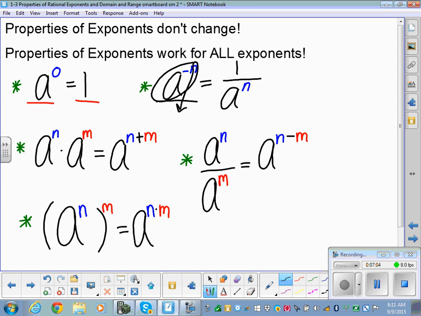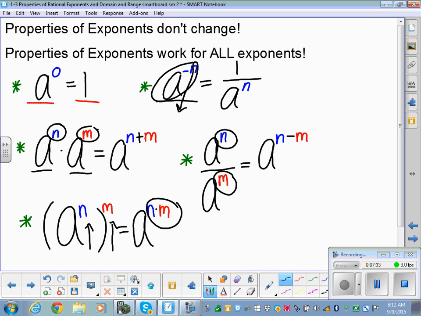We've also learned that any base multiplied by the same base, you can combine them by adding the exponents, n plus n. And if you have the same base and you're dividing them, then you subtract the exponents. Always the top minus the bottom, also very important. And we learned on Friday that any base raised to a power, then raised to another power, a power to a power, you multiply the powers.